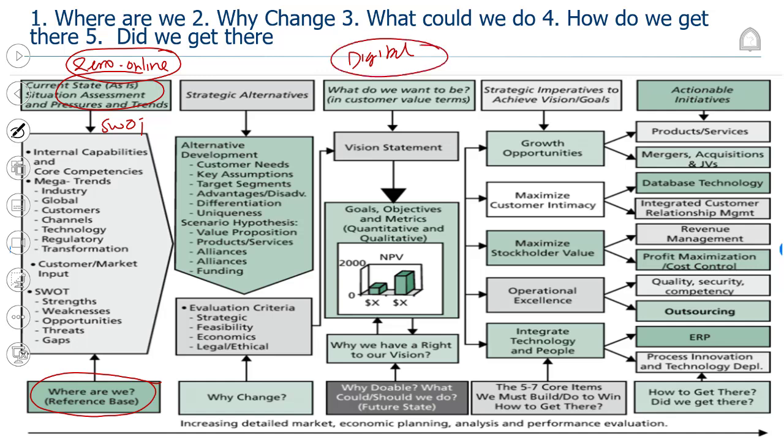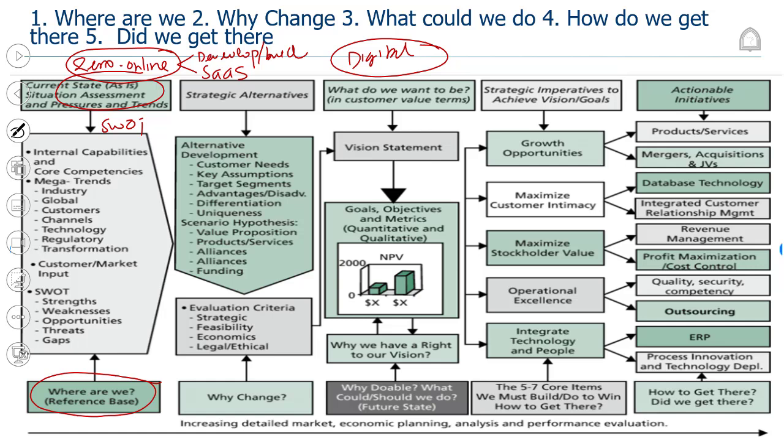There are many ways of getting there. Those are what we call the strategic alternatives, okay? One of them, we can develop our own, build our own online, on our own data center. Another one, we can go and buy something on the cloud called SaaS, software as a service.